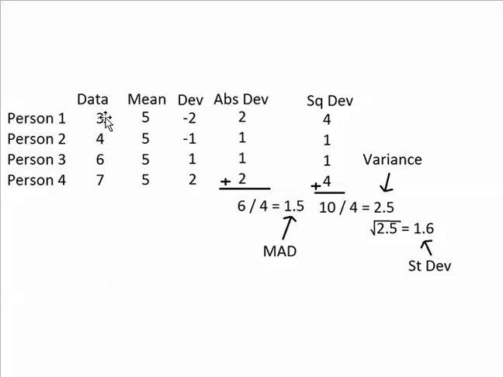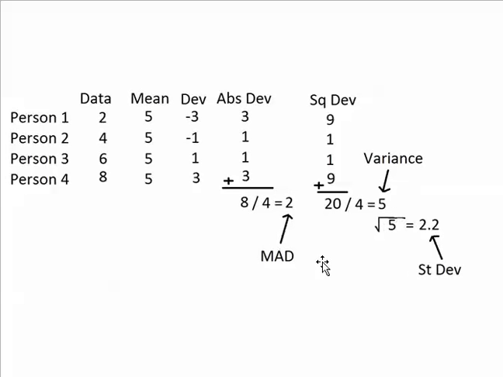By dropping the lowest value by 1 and raising the highest value by 1, I'll increase the amount of dispersion in the data, and then that'll cause all 3 of these values to go up. So I just increased the amount of dispersion in the data because, like I said, the 3 went down to 2, and the 7 went up to 8.